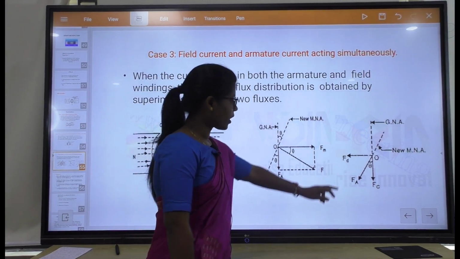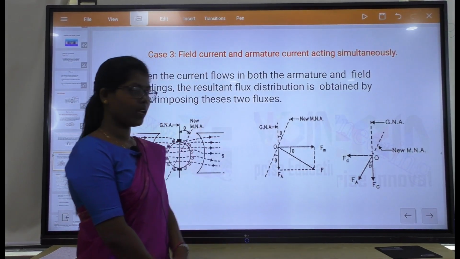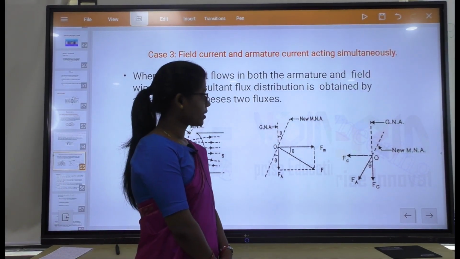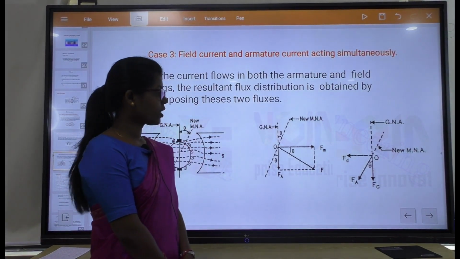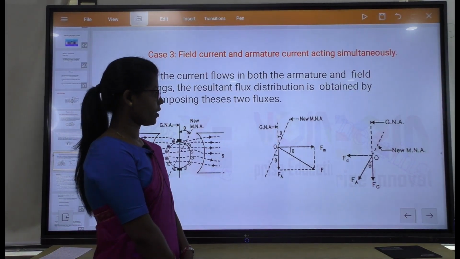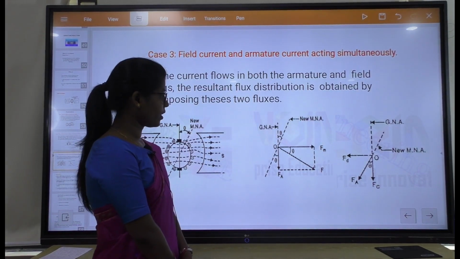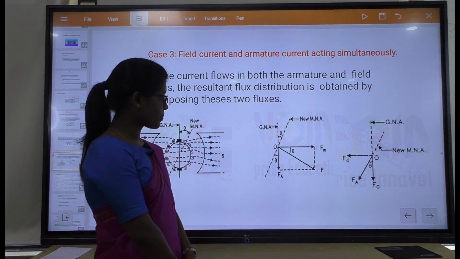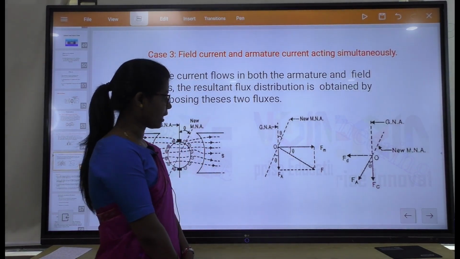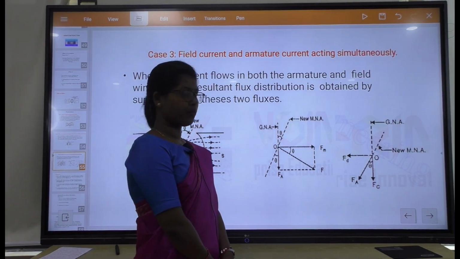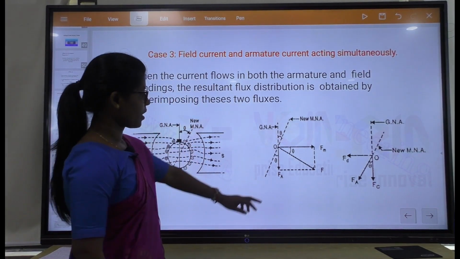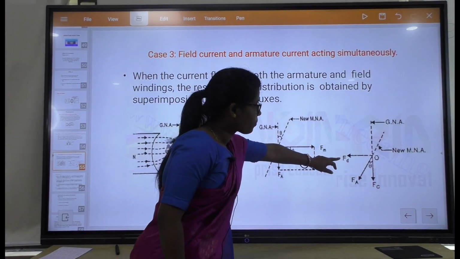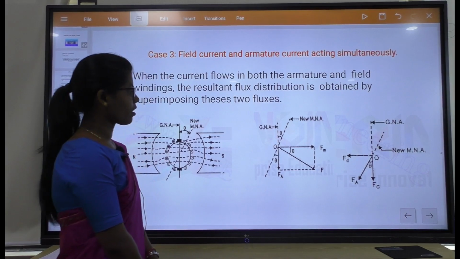So I can say FA, that is the MMF due to the armature, has two components. One is the demagnetizing component of armature reaction, another is the cross magnetizing component of armature reaction. FD is in direct opposition to the MMF due to the main poles, and FC is perpendicular, at right angle, to the main field flux. These are the two rectangular components of FA.